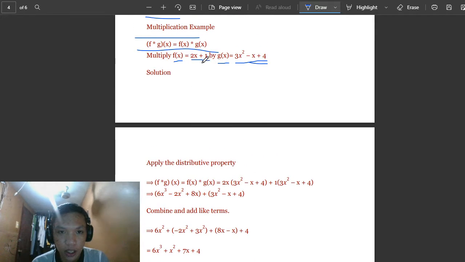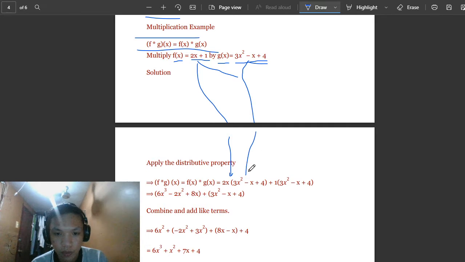So here 2x, okay, bulag na to siya, distribute na to siya, then ang i-add ibutang na to si g of x diri. Okay, i-multiply man na to siya here, then i-multiply 2x times 3x squared, then ang 1 i-multiply na to.